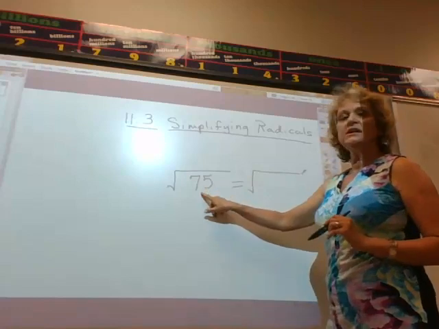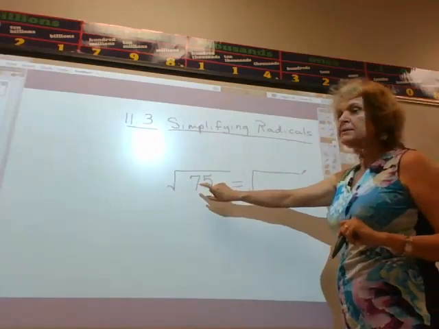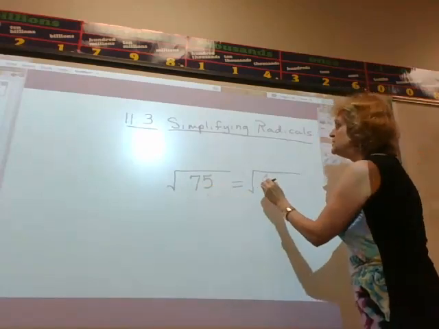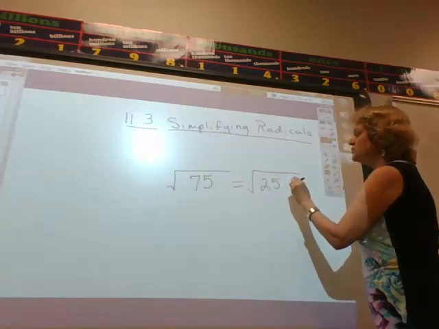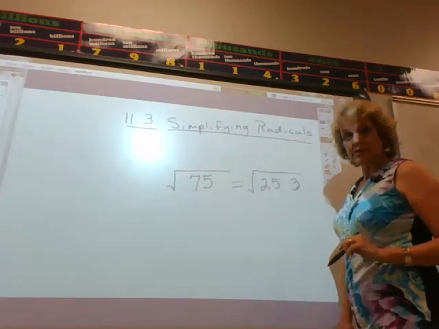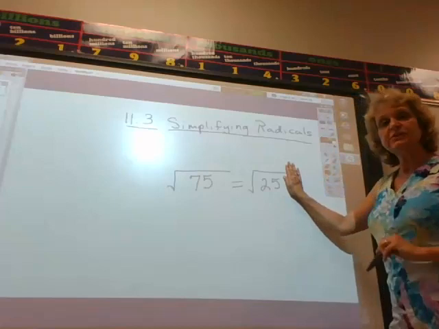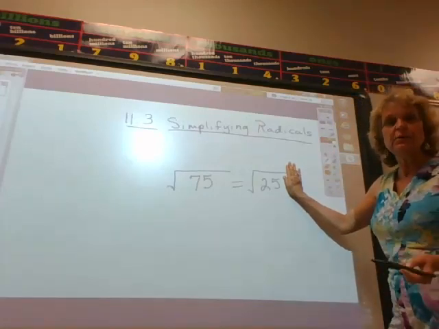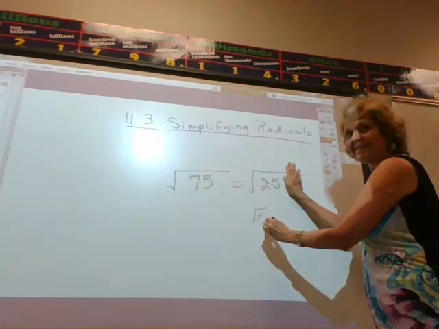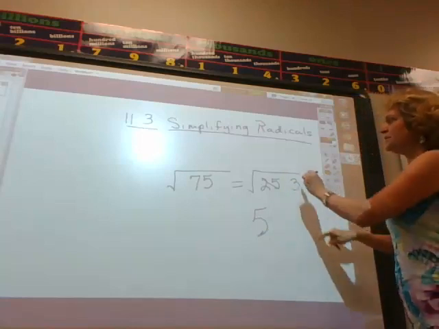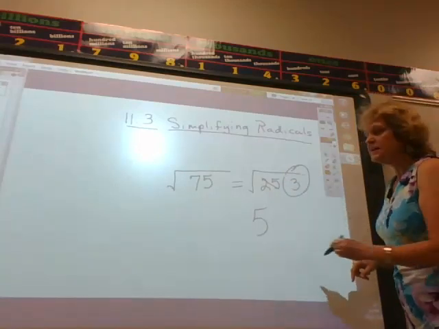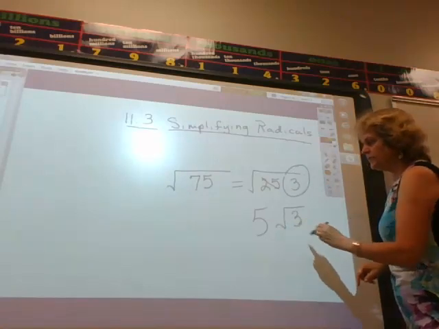So most of you can look at that and go, oh, 25, that's a factor of 75. So you would rewrite that as 25 times 3, right? And most of you, if you saw radical 25, you know what that is, right? It's 5. Okay, but this radical 3 is still stuck underneath there. So you write radical 3.